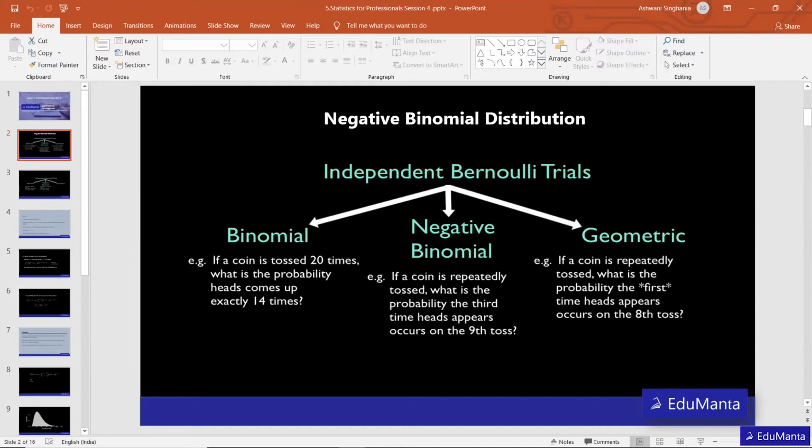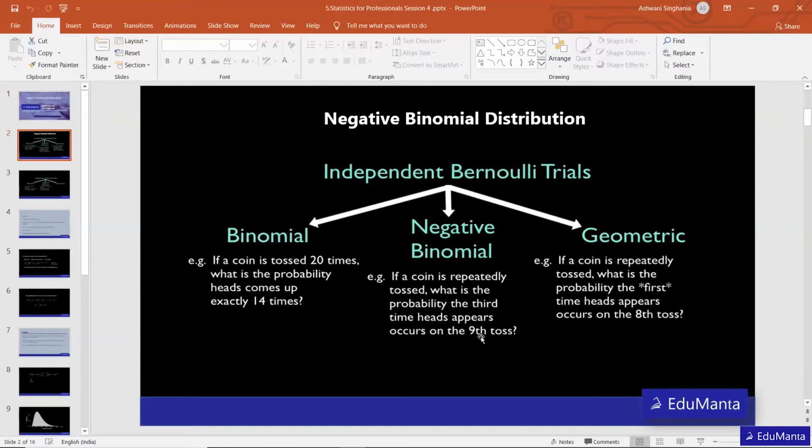What is the probability that the third head appears on the ninth toss? Here what is fixed is that the third head occurs, and we are asking for the probability that it appears on the ninth toss.